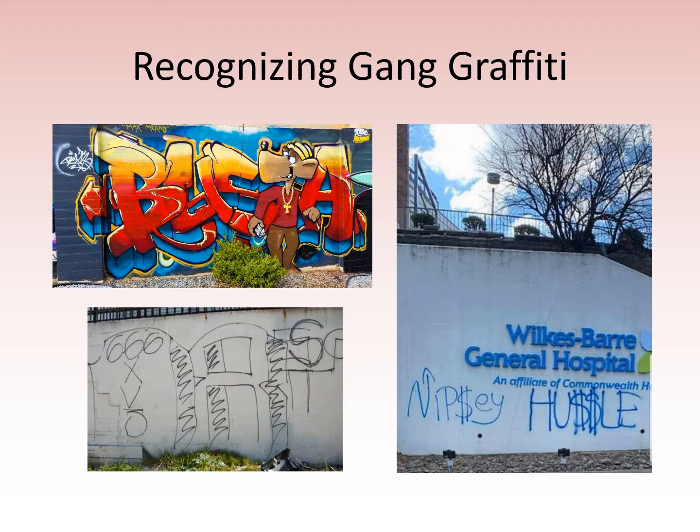So here we have three photos of graffiti on walls, one of which is a local photo taken last year. What do you think? Do these represent gang graffiti? The first one on the upper left is just a nice piece of artwork.